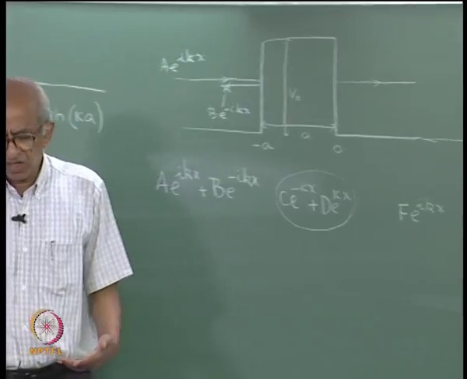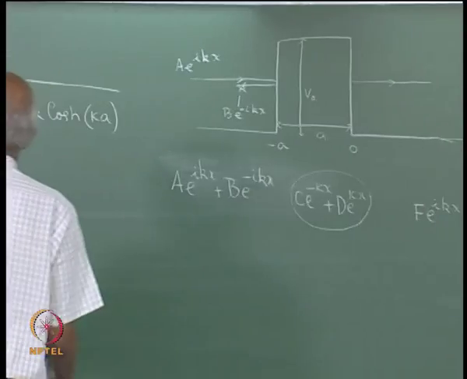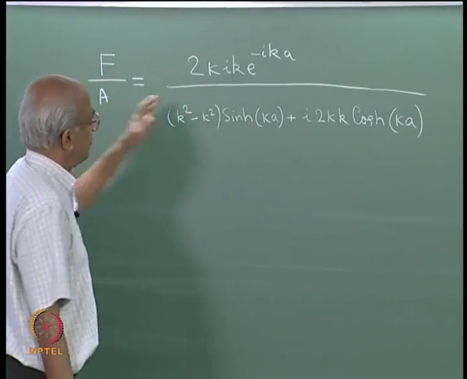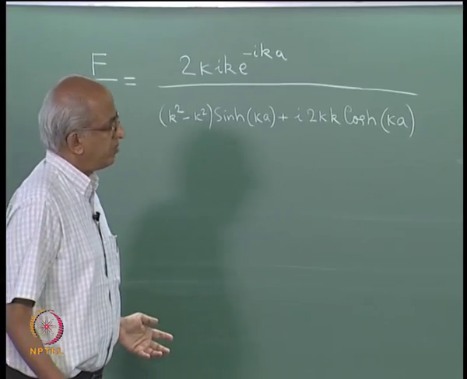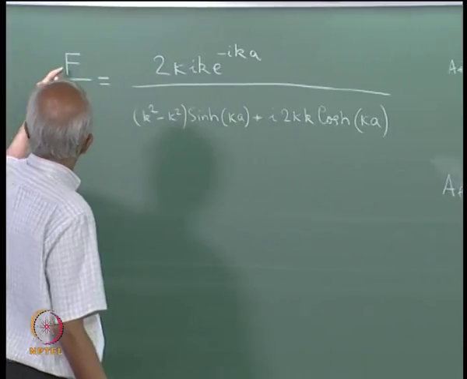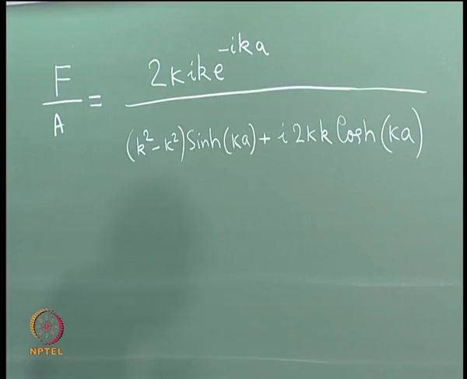And we did a lot of algebra, and we eventually arrived at an expression for F divided by A, which is reproduced on the board, and the quantity that we want to calculate is the square of the magnitude of F by A. Why is it so?